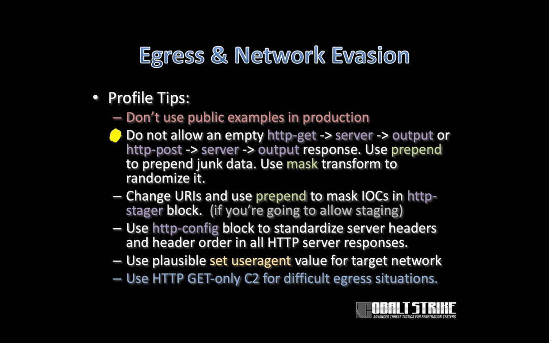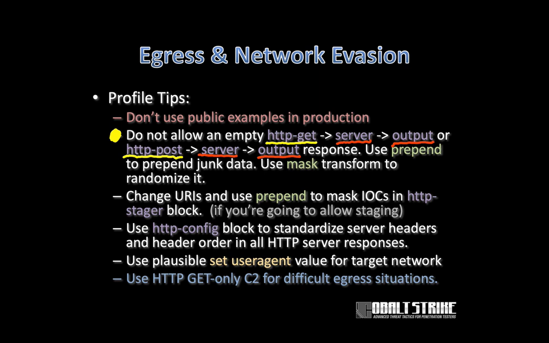When Beacon checks in, that's the HTTP GET block, or when it sends data back to Cobalt Strike, that is the post block. The server output nested blocks determine how the output is transformed and presented to the requesting beacon.